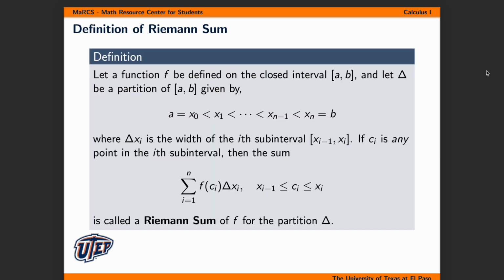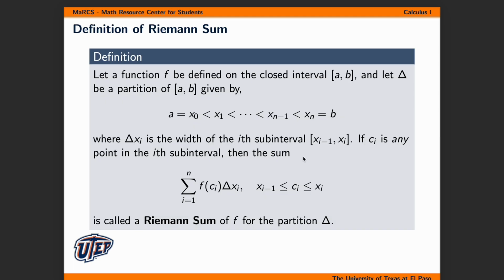So now we'll be going over the definition of a Riemann sum. We let f be a function that is defined on the closed interval a to b, and we let delta be a partition of a to b, given by a equals our first point x naught, which is less than x1, and all those next terms are less than xn, which is our last term, the b.